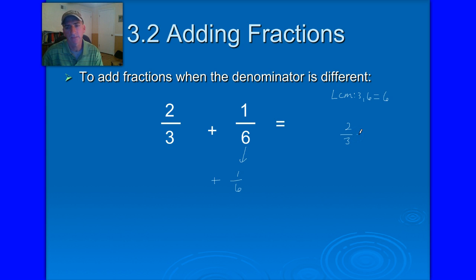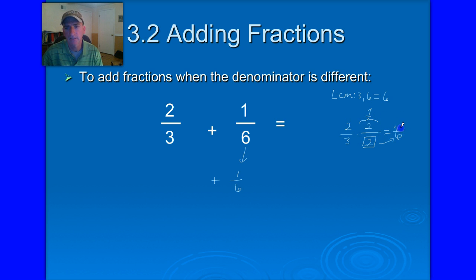But 2/3 does have to change. So I have to ask myself, 2/3, that 3 times what is equal to 6? Sorry, I should have put it like this: 3 times something is 6. I want 6 on the bottom. 3 times 2 is 6. Therefore, I have to go 2 times 2, because remember, that is really the value of 1. 2 times 2 is 4.